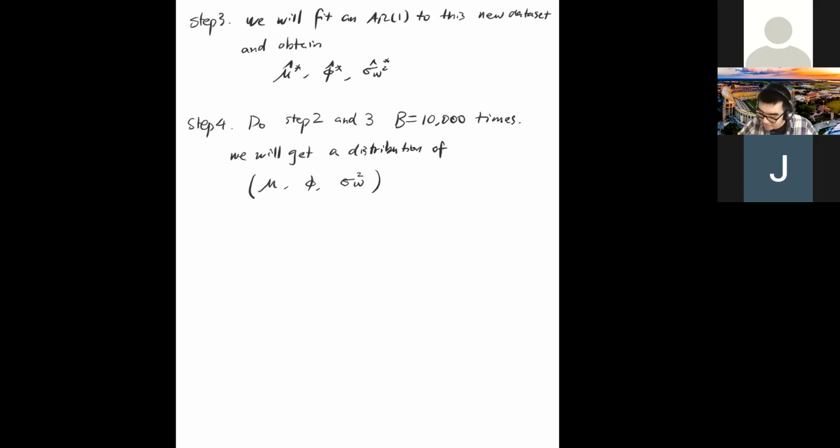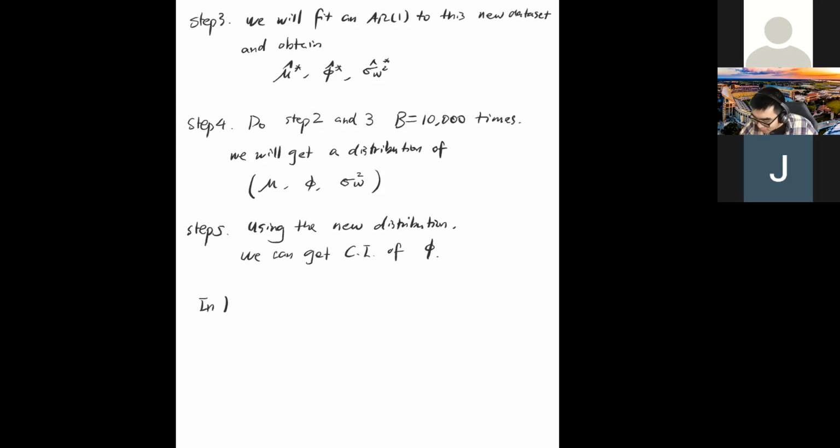And step number 5, using the bootstrapped distribution, we can get the confidence interval of phi. And actually, you can also get the confidence interval of mu and the confidence interval of sigma_w squared.